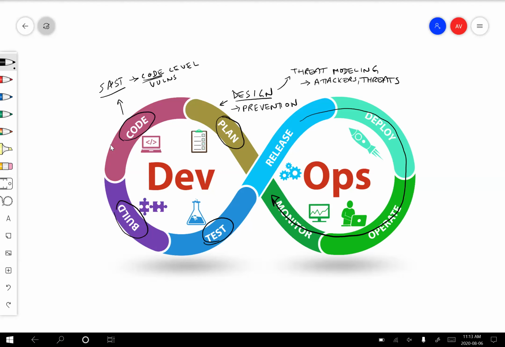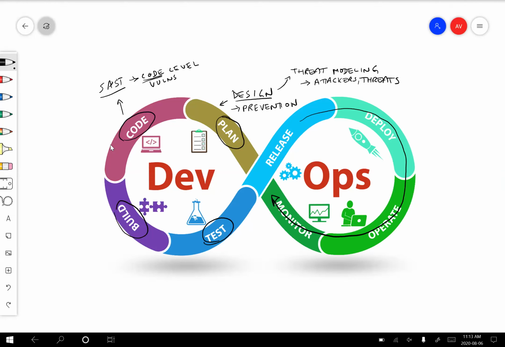Yeah. And speaking of the code, as a developer, we are using open source software as well, right? This is not only the software that we write, but we are leveraging the software that other individuals or organizations wrote as open source. And we use these in our code base as well.